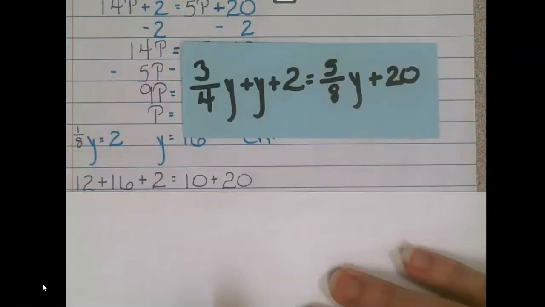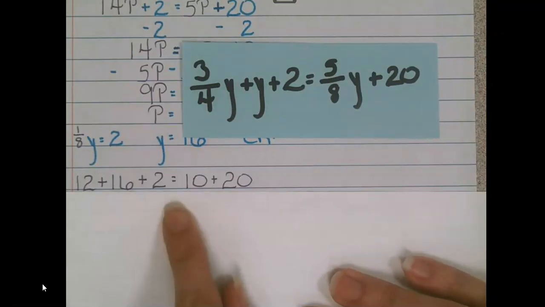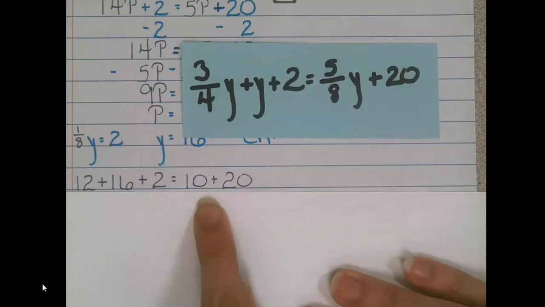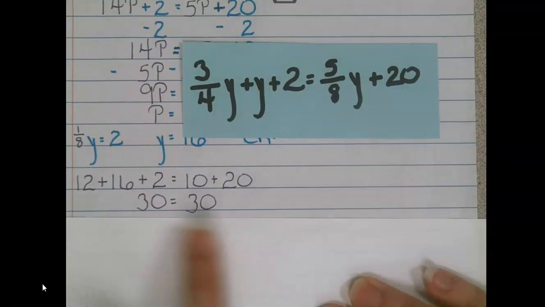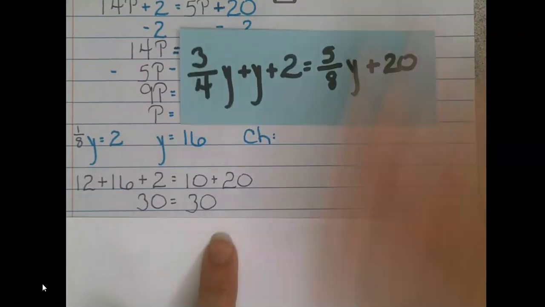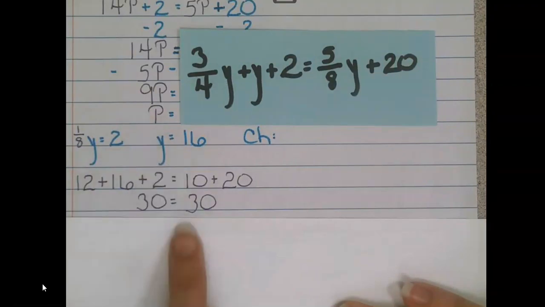So 3/4 of y is 12, plus 2, equals 5/8 of y, which is 10, plus 20. So that gives me 30 on both sides. So my solution is 1/8 of y is 2, y equals 16, and 30 equals 30.